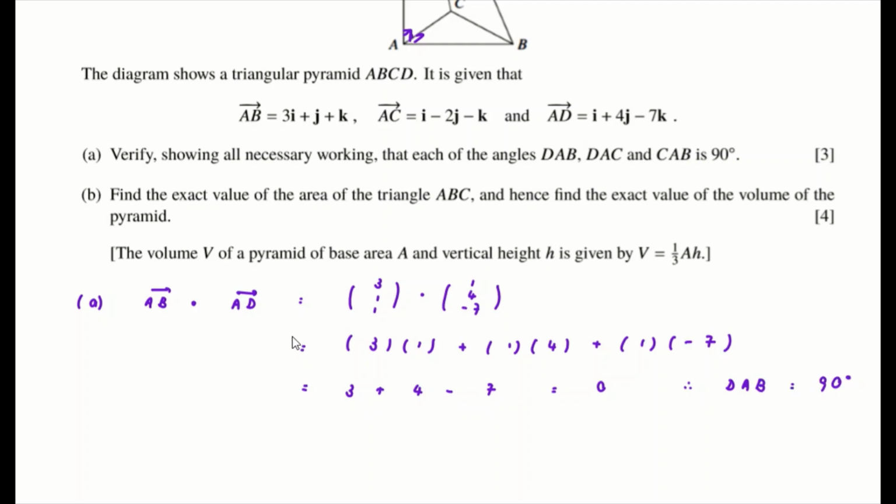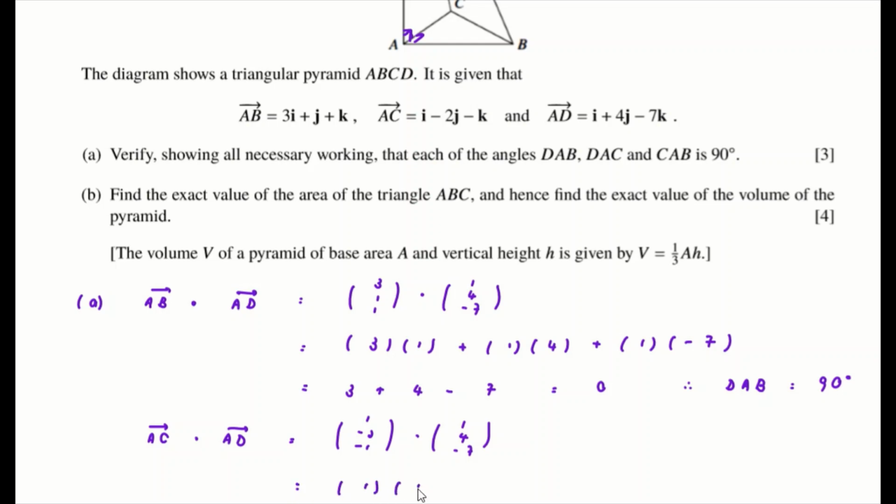Okay, you can move on to the next one already. For DAC, you need to prove for AC and AD. It's actually quite long, but this is a proving question, so it's basically free marks for you. If you're able to get 0, then the marks is yours, right? But there are just a few things that you will need to write down. AC is 1, -2, -1. AD is 1, 4, -7.